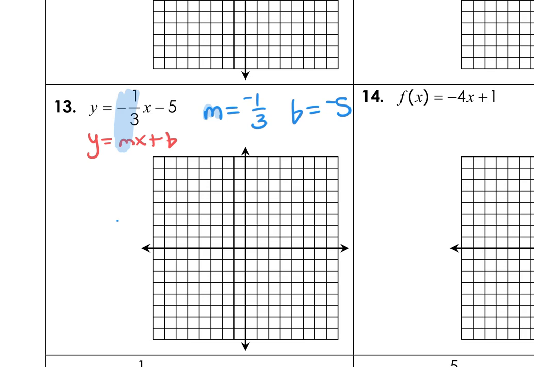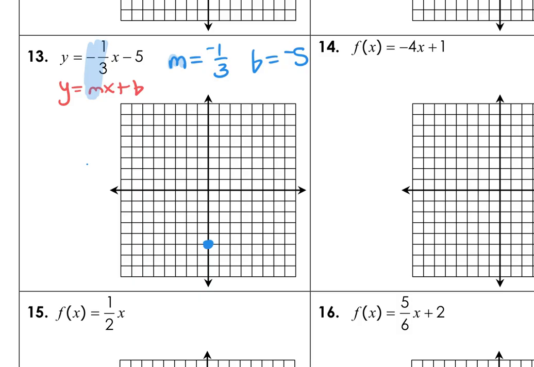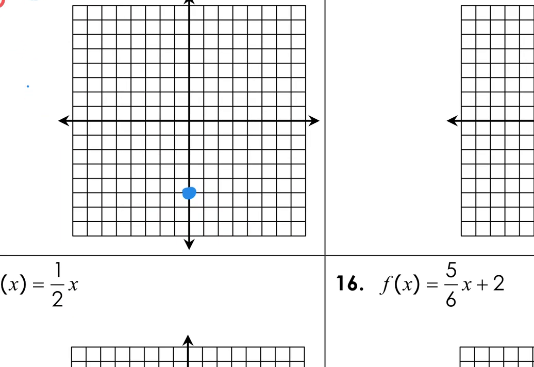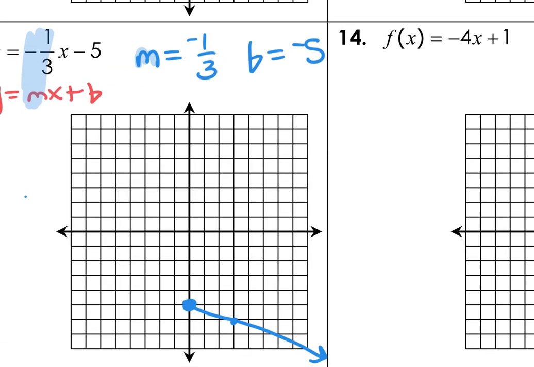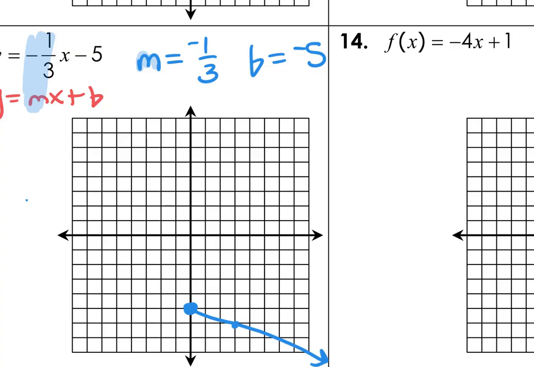You start on the y-axis. Now your slope is negative 1/3. So that says, hey, move down 1 space and right 3. We have plenty of room on this coordinate plane to do that. Down 1 over 3, and we connect those points. Is that left, since it's negative? Nope. It's always right. You always run to the right.